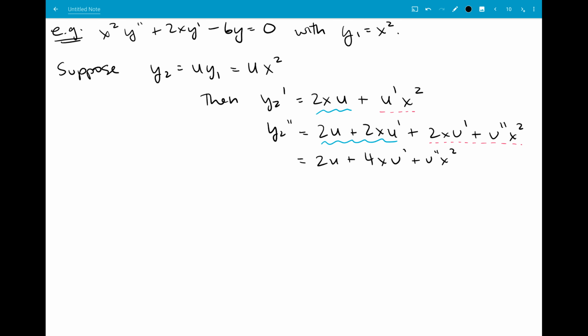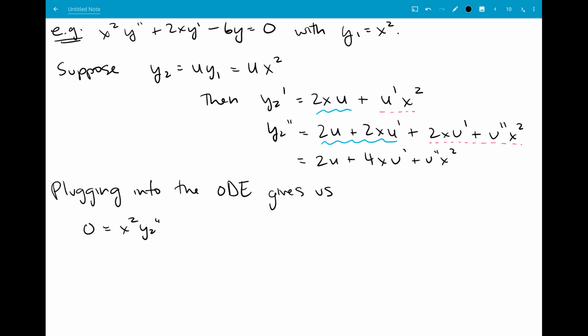Now that I know what y2 is, and I've taken both of its derivatives, I can plug it into this ODE that we were given. So I've got 0 is equal to x squared y2 double prime plus 2x y2 prime minus 6y2. Quick aside, usually when we're given a form that we expect a differential equation in, we say that we have to clear whatever's on the y double prime.